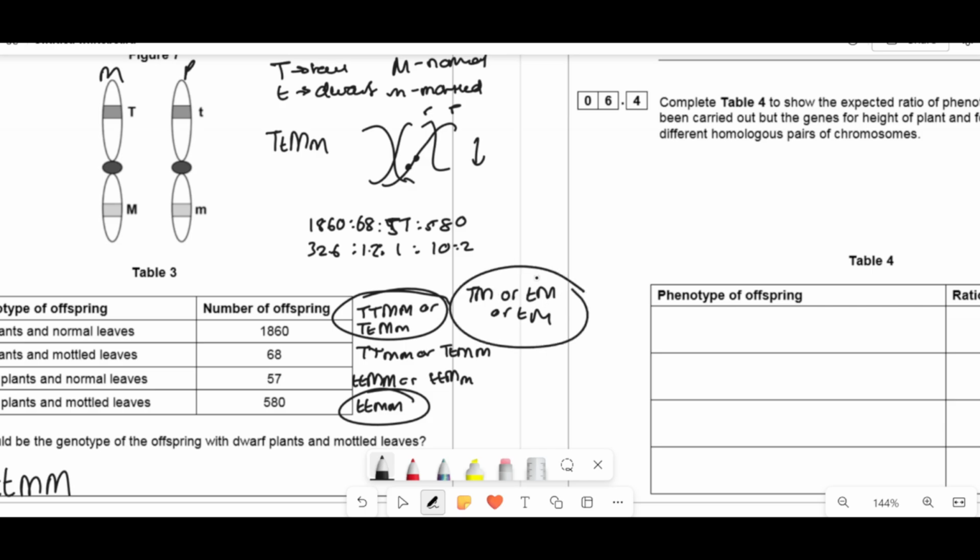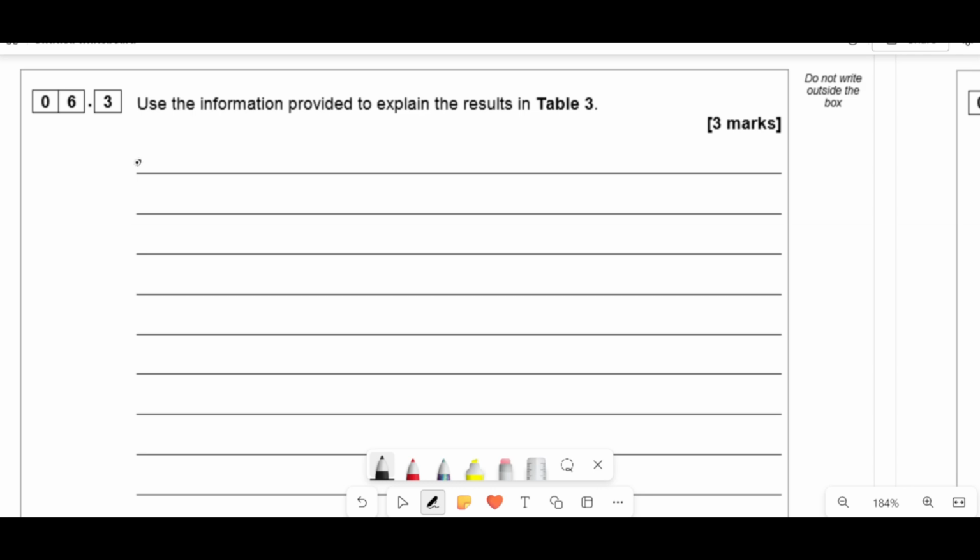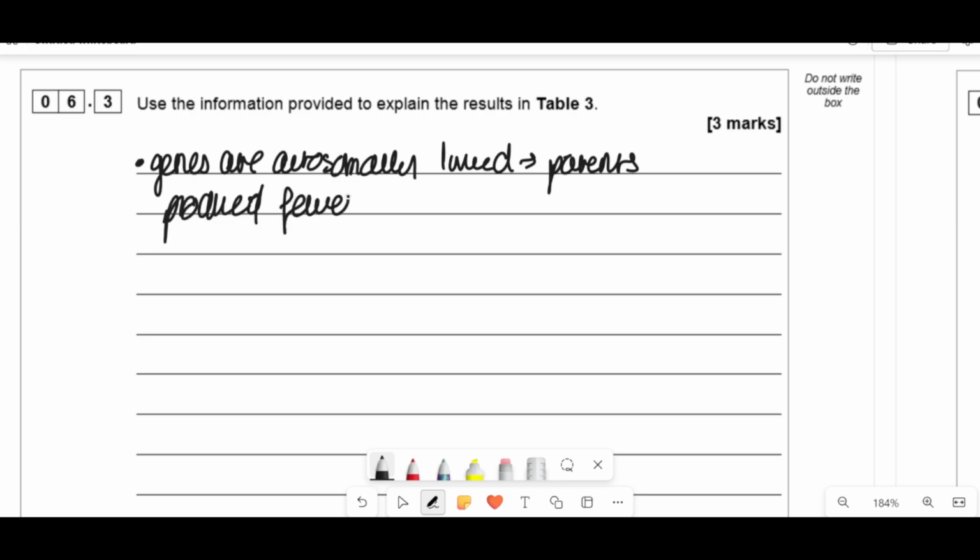So clearly what's happened here is that these alleles must have been made more simply just because there's less crossing over happening in this sense. So clearly, these genes, first of all, are autosomally linked, and the parents produced fewer gametes, and we need to describe them really.